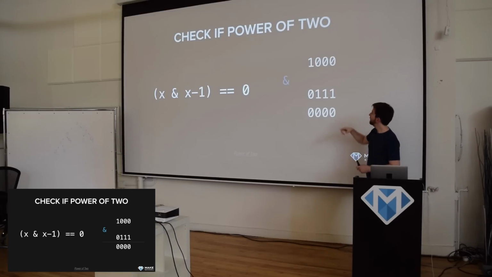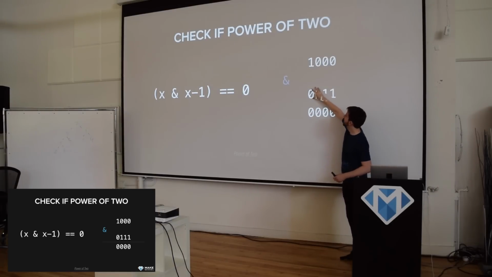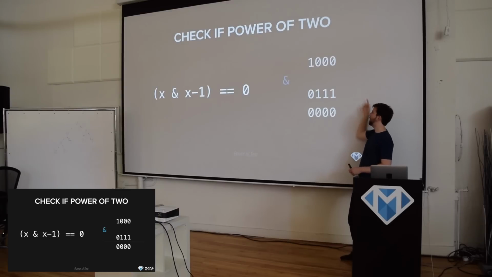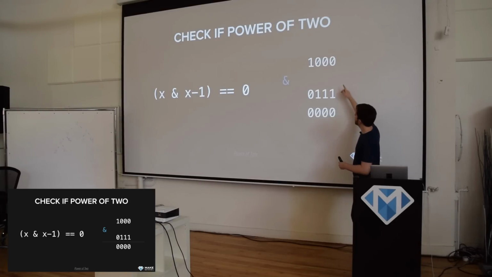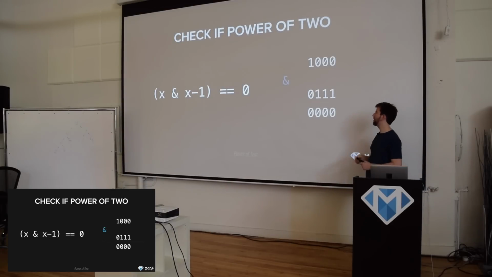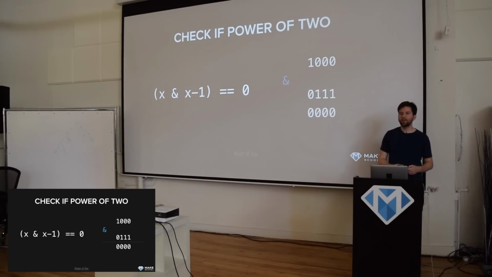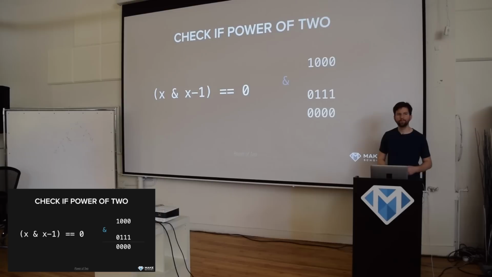If we subtract 1 from the number, the bit that was set gets set to 0, and all the bits following are set to 1. We can reason that implicitly because we know this is 8, and this value is 1 plus 2 plus 4, that's 7. You can also test it out with other numbers. It's just a property of how binary subtraction works. So you can then AND them together, and the result should be 0 if it was a power of 2.